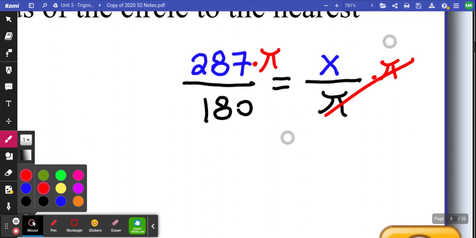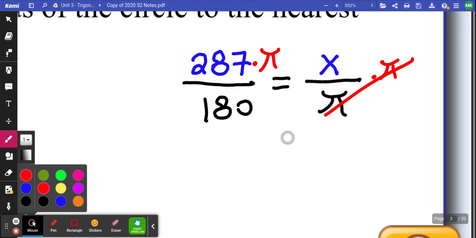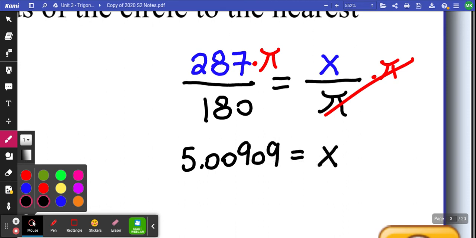This is one of those scenarios where we will just use a rounded value because 287 divided by 180 is not going to work very nicely. Plus, our answer in the question will be rounded to the nearest decimal. So it's okay to round, but use as many decimal places as you can. When you calculate 287 times pi divided by 180, it gives me 5.00909 equals x.